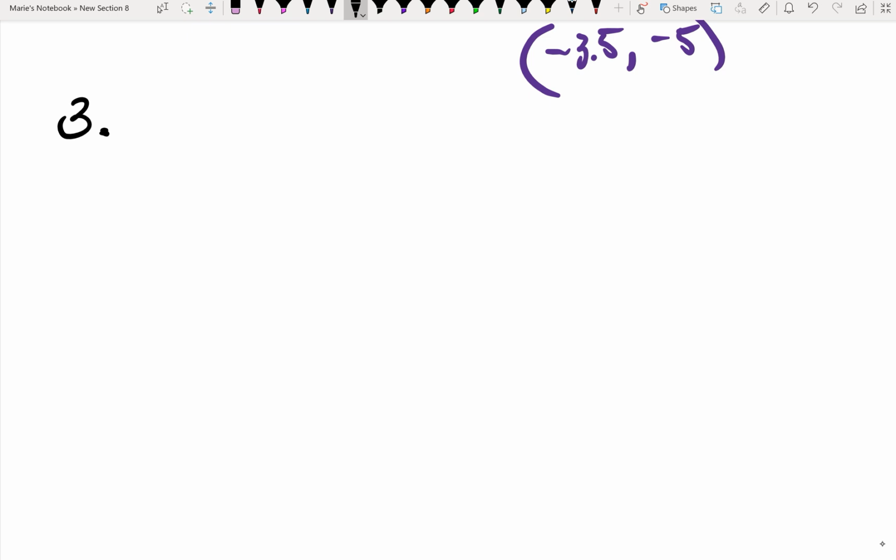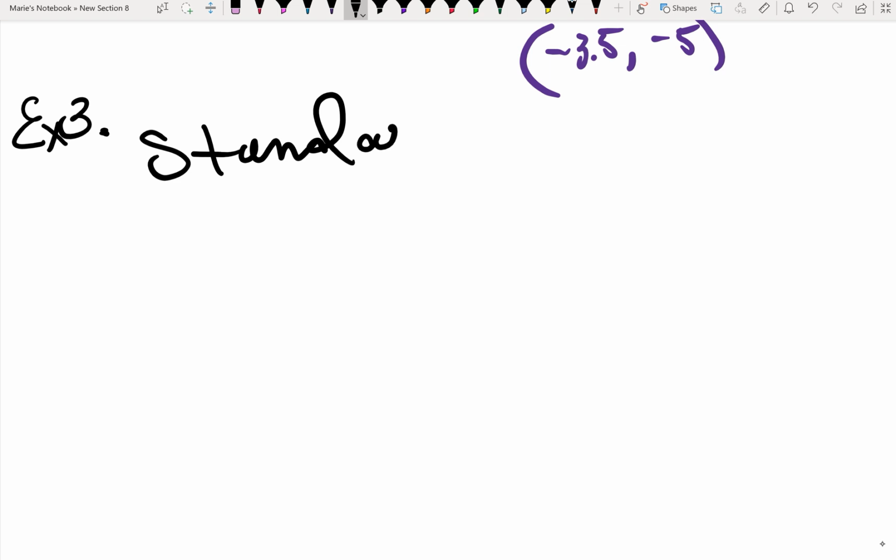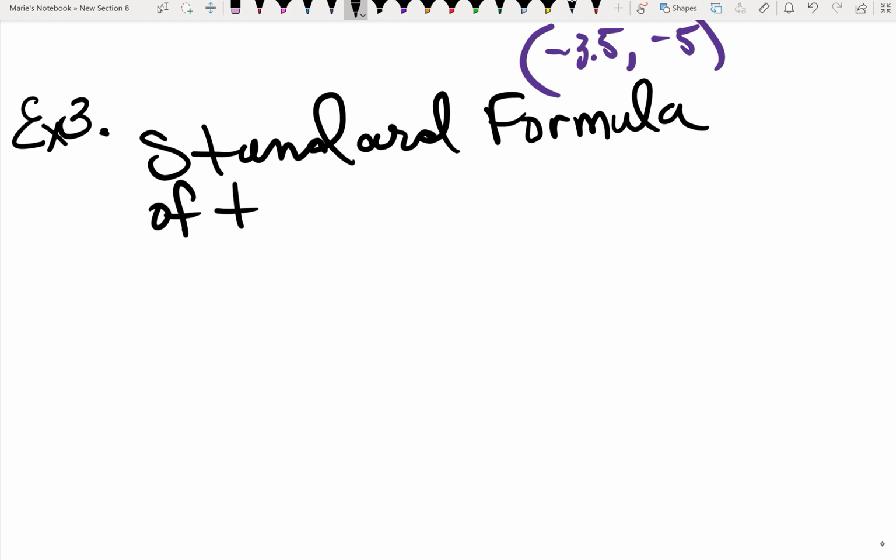So example 3, we're now talking about circles. And the general formula that you're going to need here is actually referred to as the standard formula, my apologies, the standard equation of a circle.